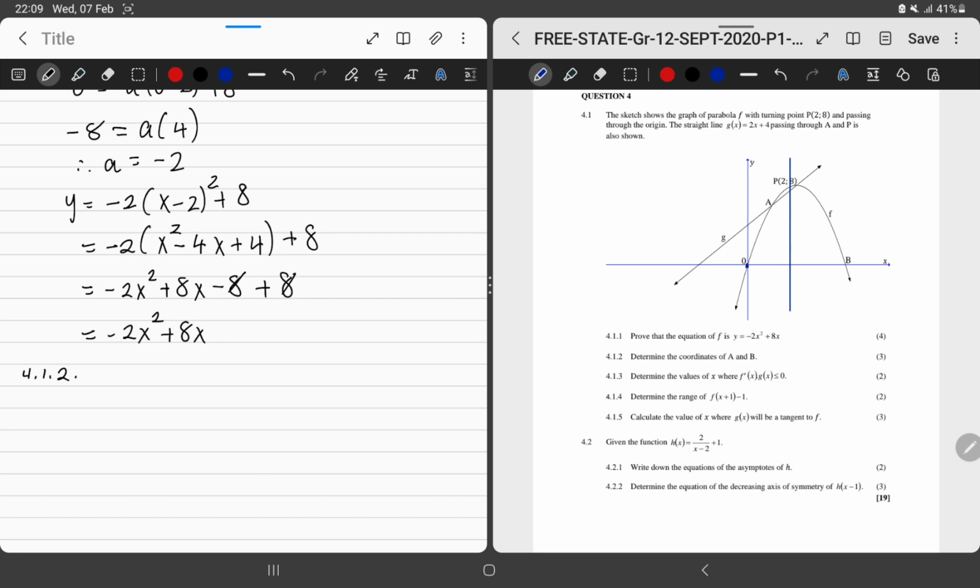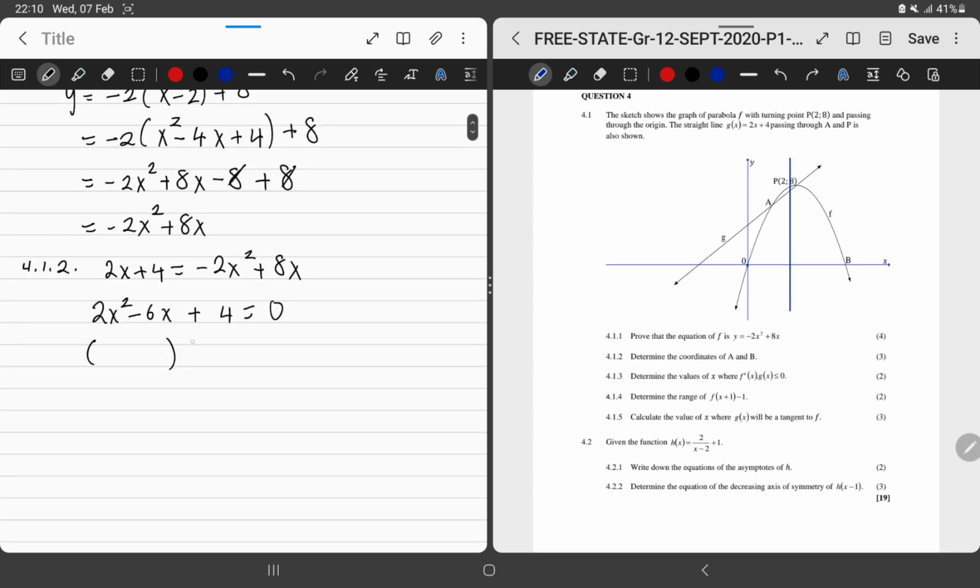4.1.2 Determine the coordinates of A and B. At A, that is the point of intersection between g and f, so I'm going to equate the two graphs. 2x + 4 = -2x² + 8x. 2x² - 6x + 4 = 0.